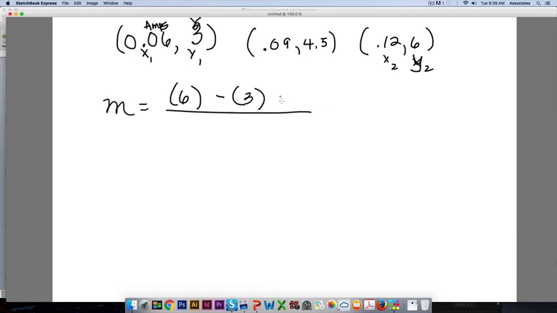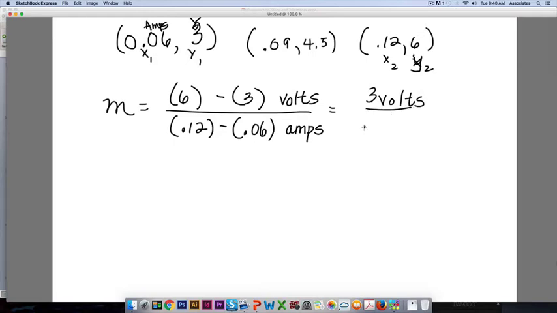I'm going to remember that these were volts. I'm going to take 0.12 and subtract 0.06, and I'm going to remember that these were amps. So I'm going to do the math. I come out with 3 volts over 0.06 amps. I think it's 50.